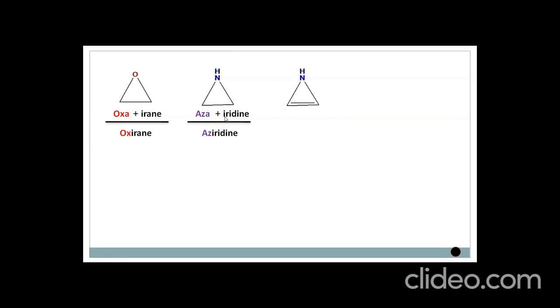Now the next example: here it is a 3-member ring, ring size is 3, and it is unsaturated and it contains nitrogen. Obviously, for nitrogen heteroatom we use aza. Then for unsaturated 3 ring size with nitrogen, which stem do we use?